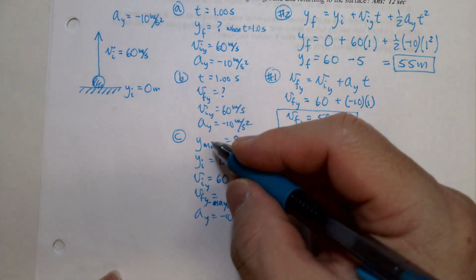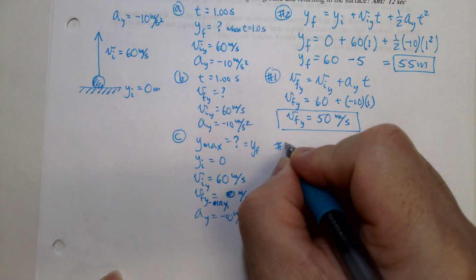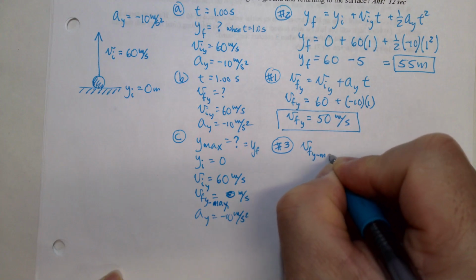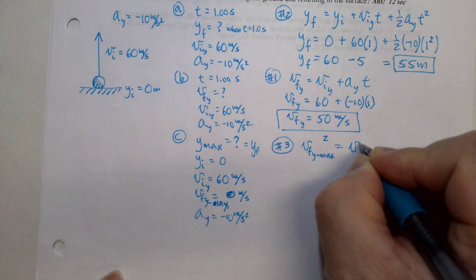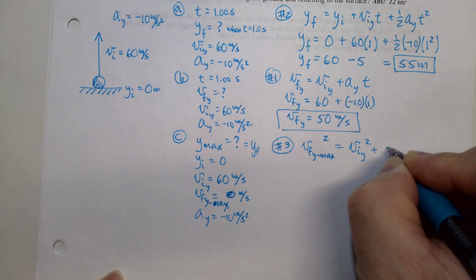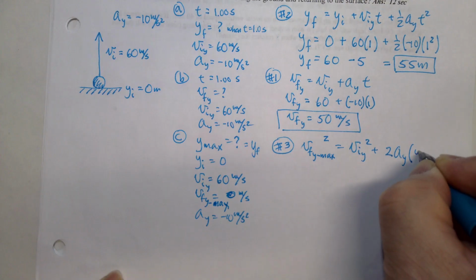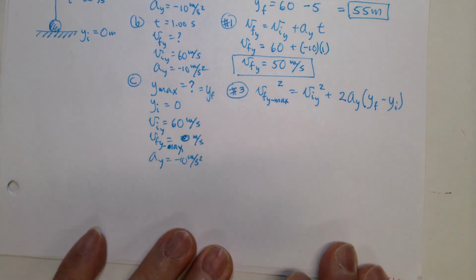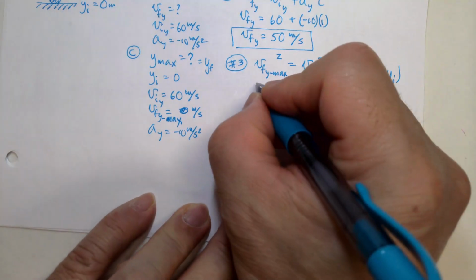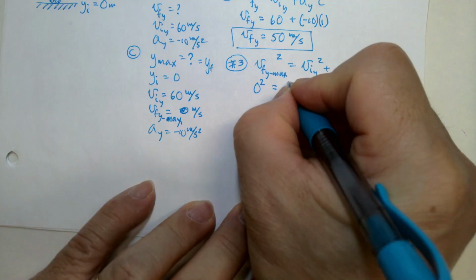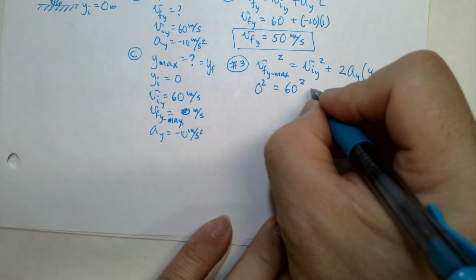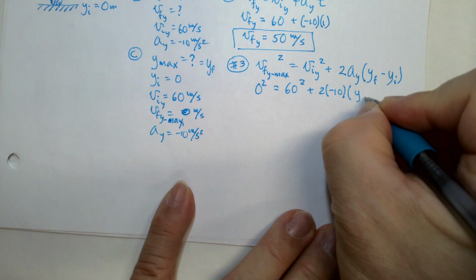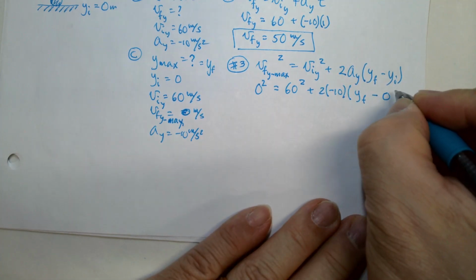So, looks like I have no time here, so I can use equation number 3, which is VFY max squared is equal to VIY squared plus 2 times AY times Y final minus Y initial. That's delta Y. Therefore, we know this is 0, square that, still get 0. You know this is 60, square that, you get a big number, plus 2 times negative 10 times Y final, which is what we're looking for, minus 0.